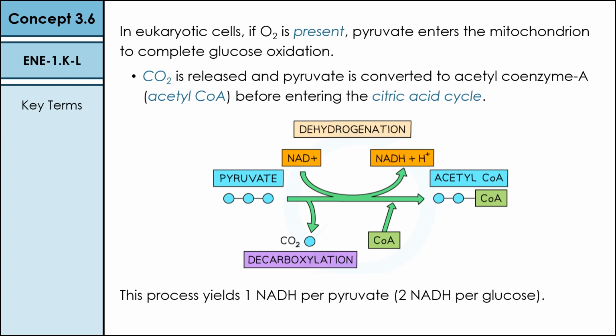So pyruvate undergoes what we call pyruvate oxidation. So we remove a carbon from our pyruvate. This produces carbon dioxide, and in that process we remove one of the electrons.